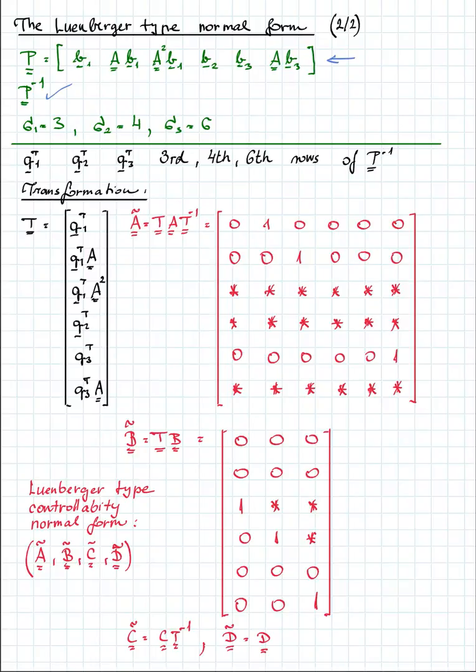How? This is the first step of this video. We are going to calculate the inverse matrix of P, and the third, the fourth, and the sixth rows of P inverse are going to be denoted by Q1 transpose, Q2 transpose, and Q3 transpose.